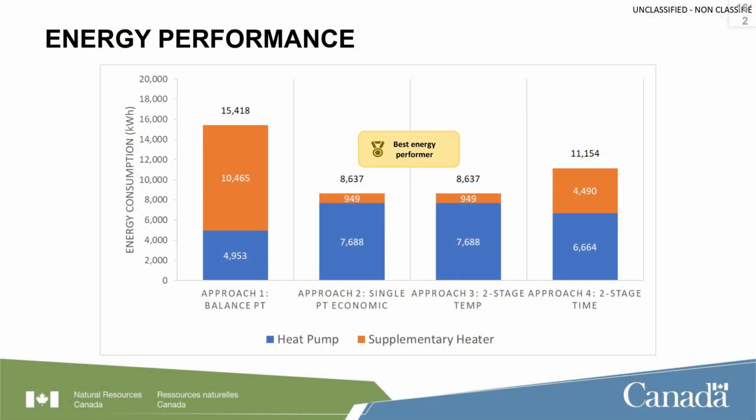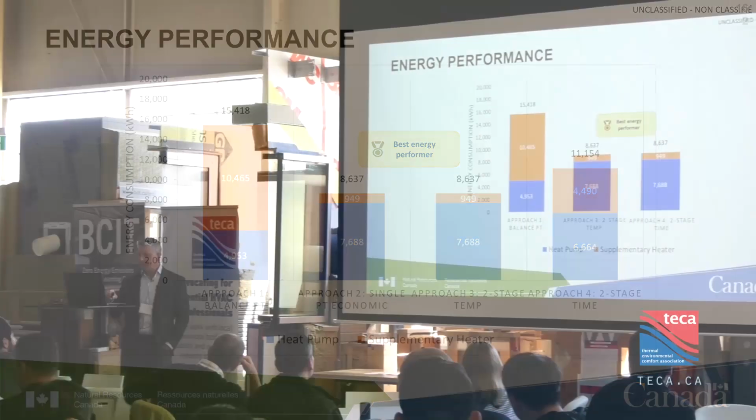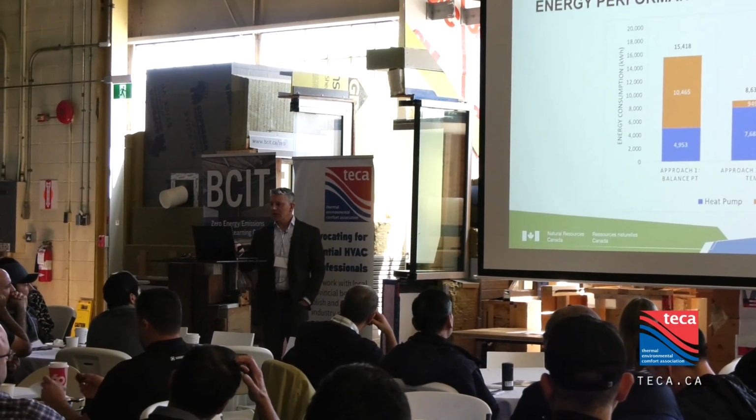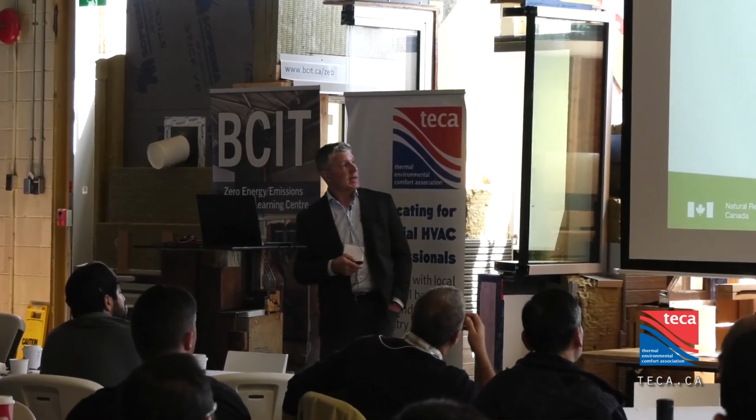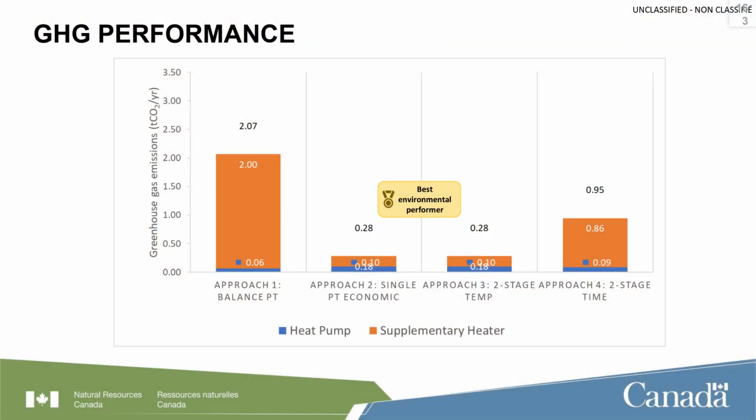So again, it really reiterates the fact that proper design load, and all these techniques that we're talking about today really do help to zero in on that install, not to exclude the control approach. And lastly, for the greenhouse gas emissions performance, again, the approach 3 and 4 were also preferred.